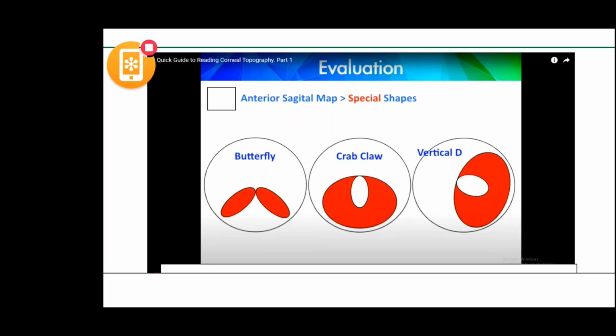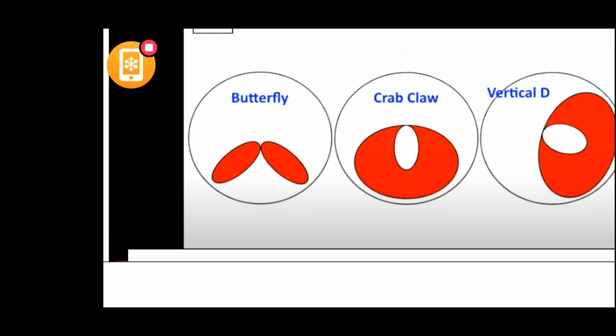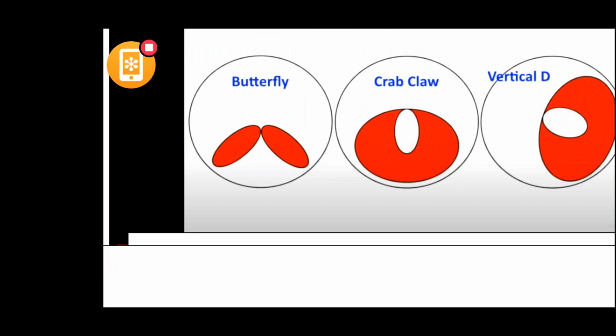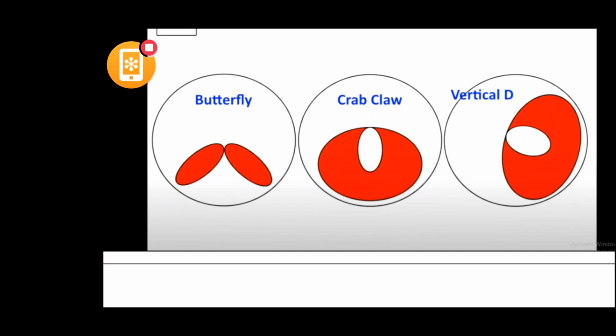The other special shapes over here, this is a butterfly, lobster claw, and a vertical D. These are usually in ectasias and scarred and irregular corneas. Especially, the more common ones that we see are the butterfly and the crab claw, also called the lobster claw.